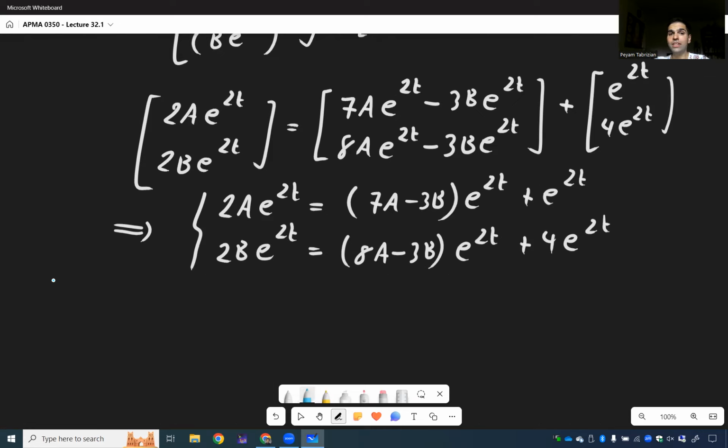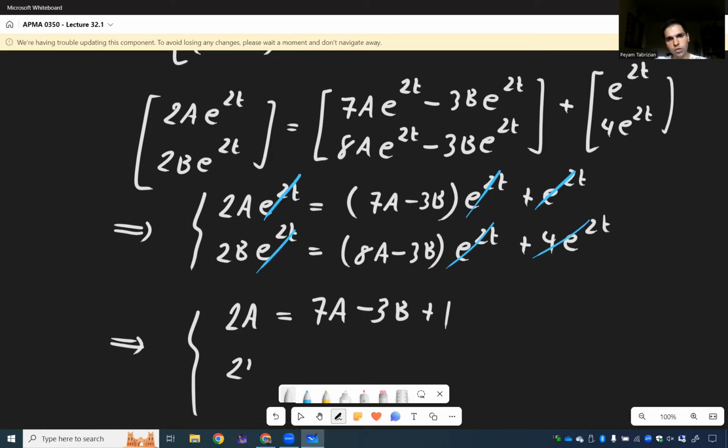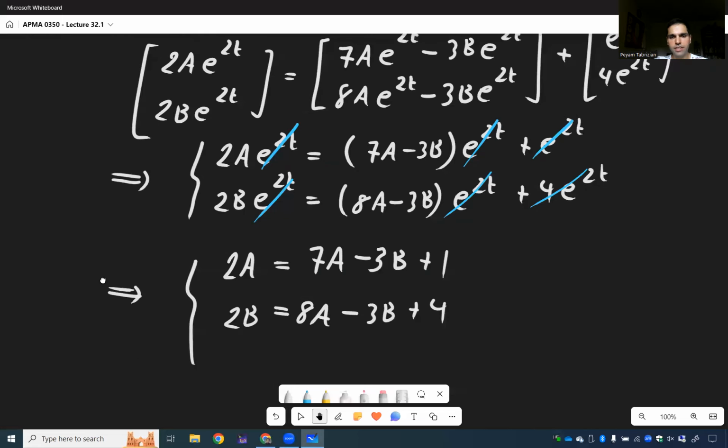And of course, now notice those e to the 2t's all cancel out, and you end up getting a system of equations for a and b. So 2a is 7a minus 3b plus 1, and then 2b is 8a minus 3b plus 4. And you can now simplify this a little bit.